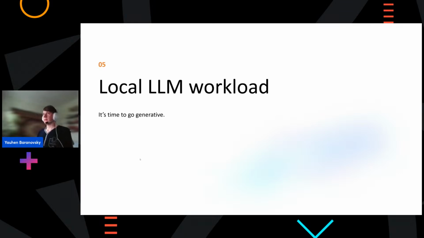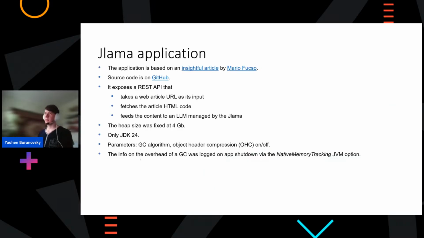Next, the most interesting part, which will be about a more real-life-like scenario, and it will be about running an LLM, yes, inside the JVM, thanks to the JLama framework, which allows to run some vectorized calculations on the CPU at the moment.